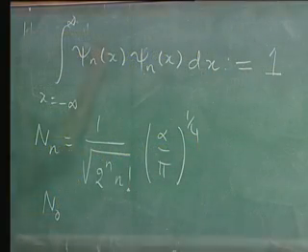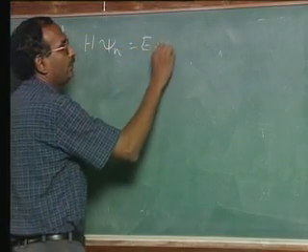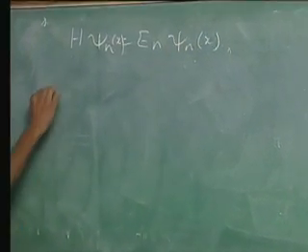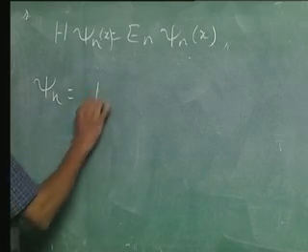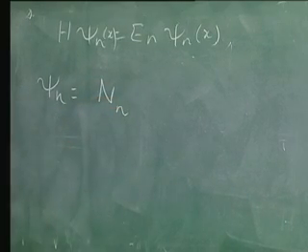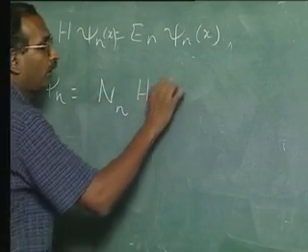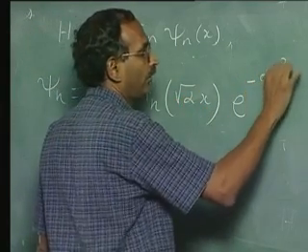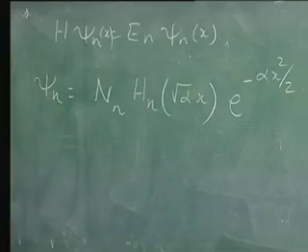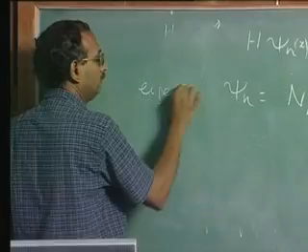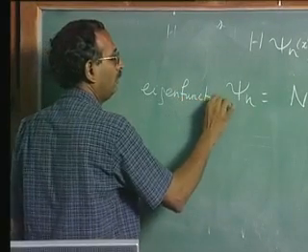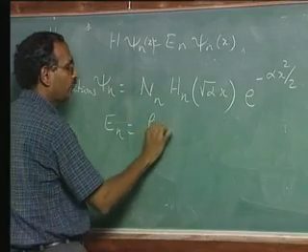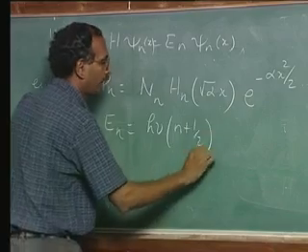The solution for the equation H psi n equals En psi n of x for the harmonic oscillator has the wave function psi n with the normalization constants N and the Hermite polynomial of root alpha x, e to the minus alpha x square by 2, as the eigenfunctions, and the eigenvalues En as h nu times n plus a half.